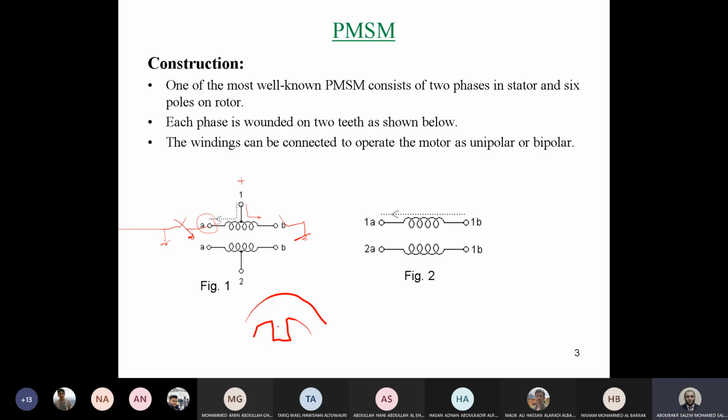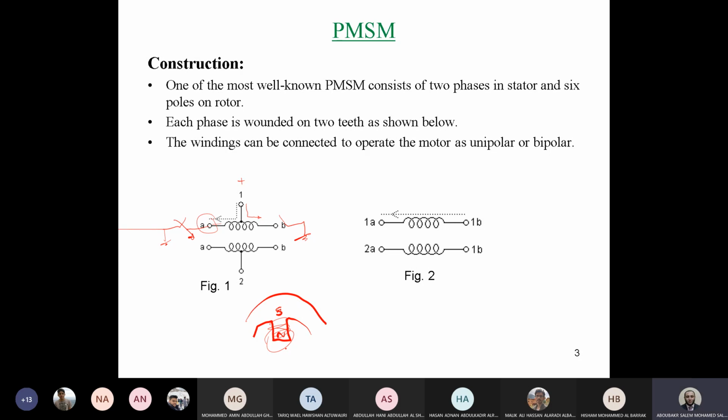For this tooth, the end of the coil will affect the tooth as N. And for sure, the winding is made like that, so the other part here will be S. So the end of the tooth itself will be only N. So it's a unipolar tooth now.